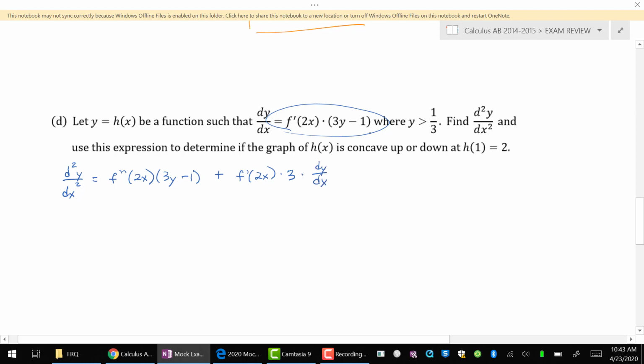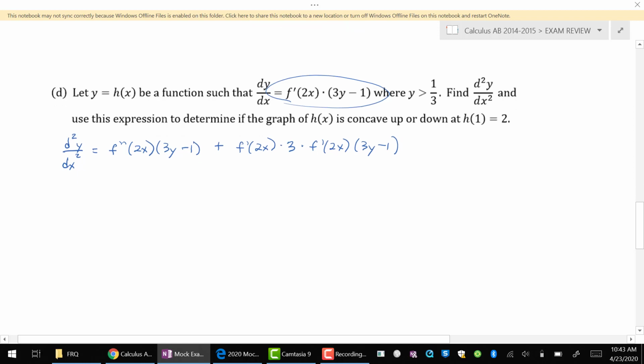But then dy dx is that entire expression, so let me just replace it with all this once again, f prime 2x times 3y minus 1. And then use the expression to determine if the graph of h is concave up or concave down.